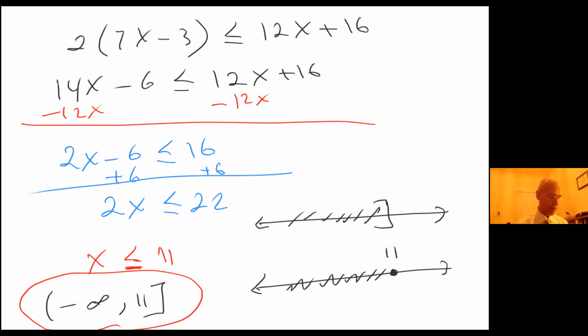Okay, let's do another one, just for the sake of variety. Suppose I have 1/3 of x plus 2 smaller than 1/6 of x minus 1. Notice that my least common denominator is 6, so I'm going to multiply both sides by 6.